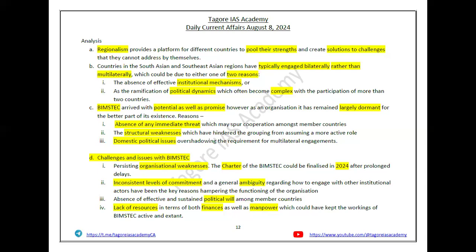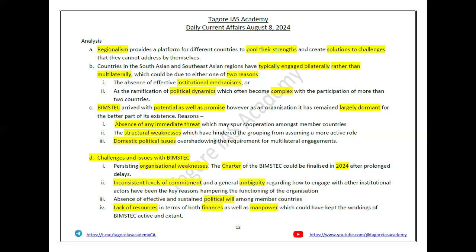They were much more forthcoming in making that union stronger. However, we do not have such counterparts on our side, right? So, number one, we do not have such institutions, and number two, the political dynamics is more complex. Our issues are such that they don't allow us to get that institutional mechanism made here.